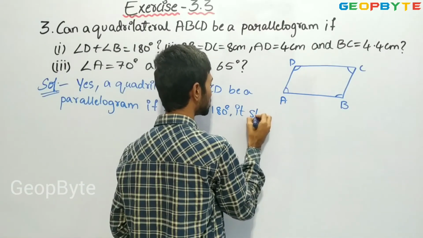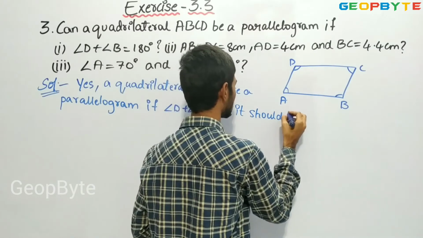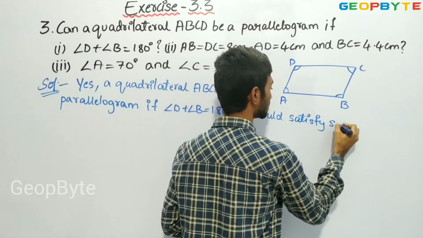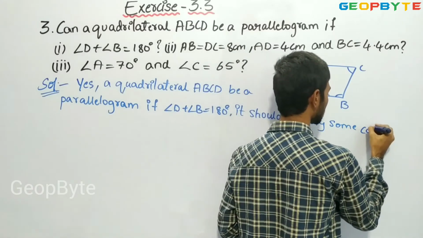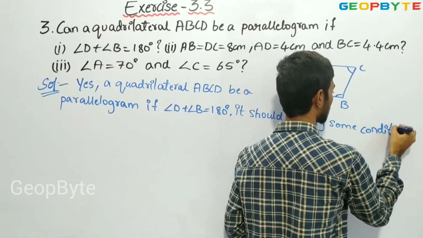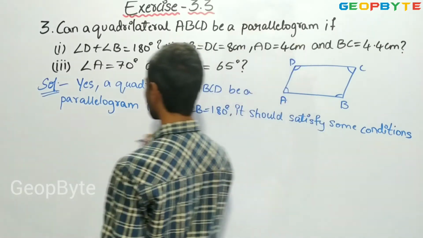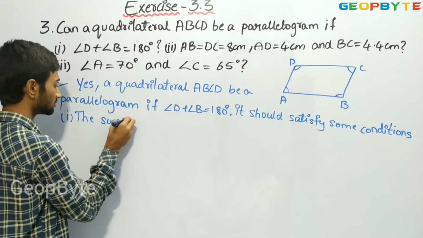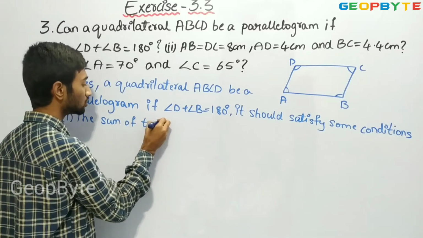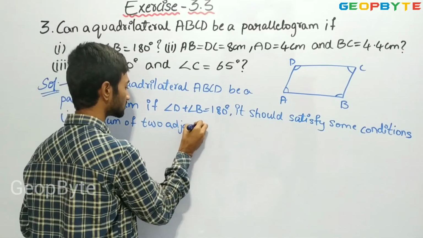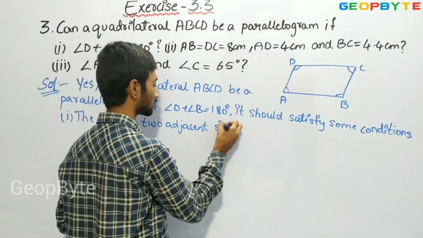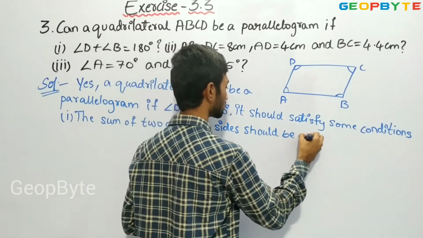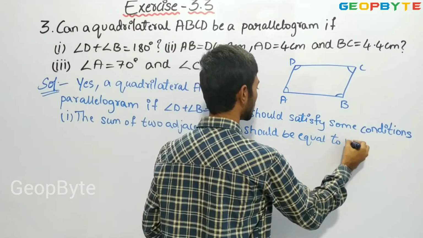That is, first one, the sum of two adjacent angles should be equal to 180 degrees.